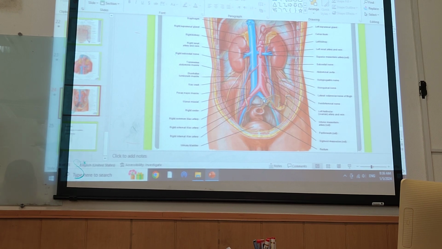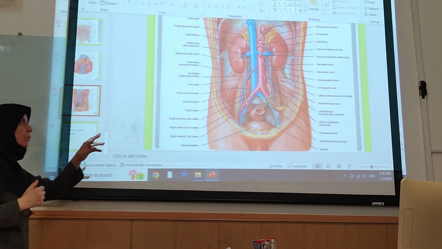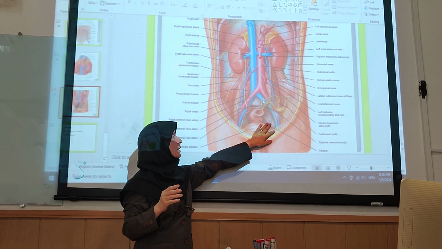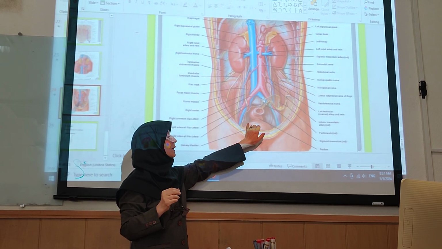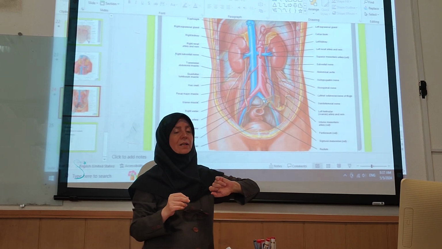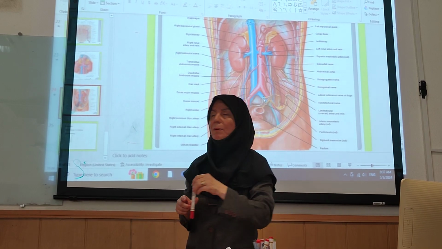Okay? The first one, the superior part of the ureter, continuing from the pelvis. The second one, when both ureters are going to enter the pelvic cavity. And the third one, which is the narrowest part, is an area where the ureter is passing through the wall of the urinary bladder.